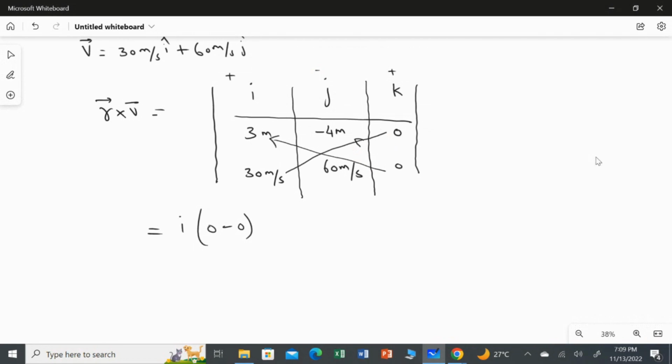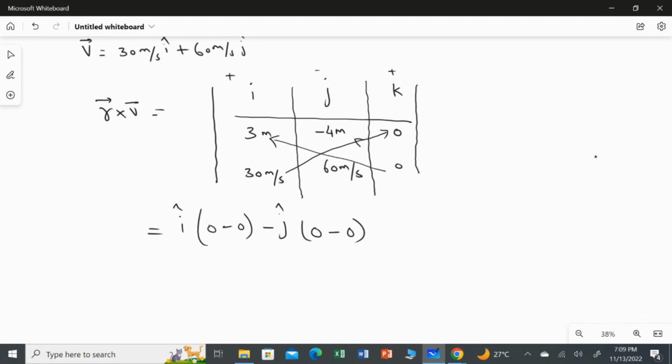This one will be the negative multiplication part, right? So the j value has the negative, so minus j cap. This side is a positive multiplication, right? So 3 multiplied by 0, anything multiplied by 0 is 0. And this side, when you go, it is negative. But anyhow, if you multiply 30 with 0, again you will get 0. So your j component is also 0, right?